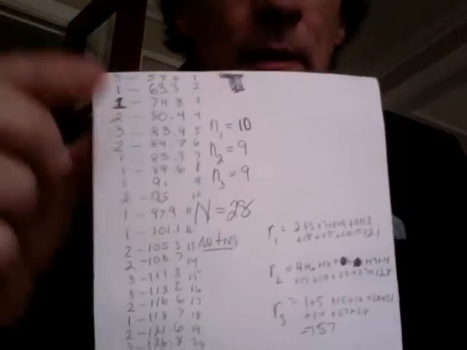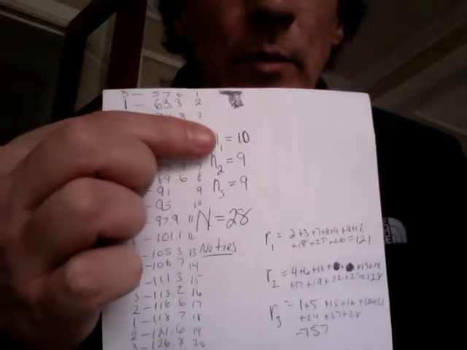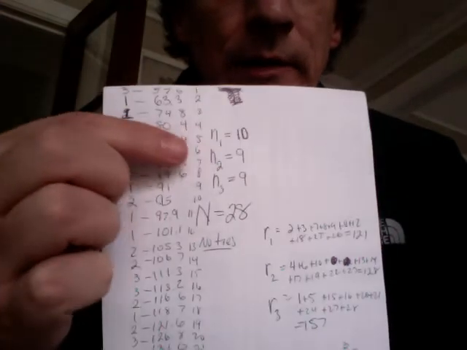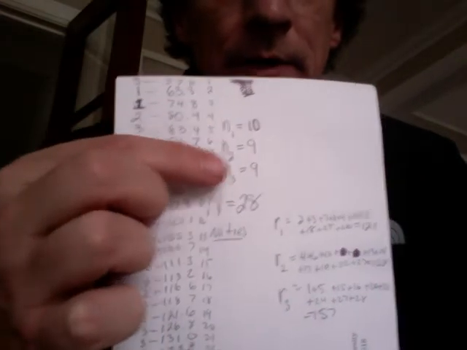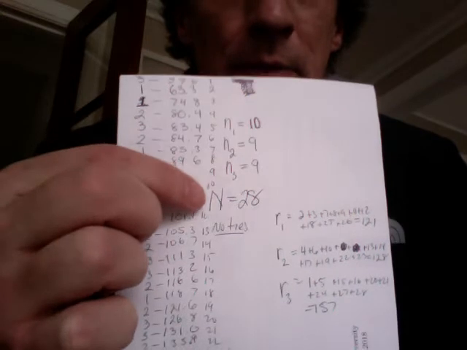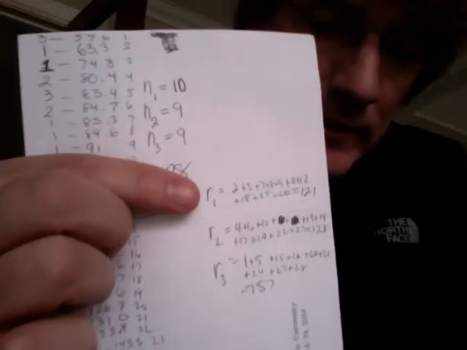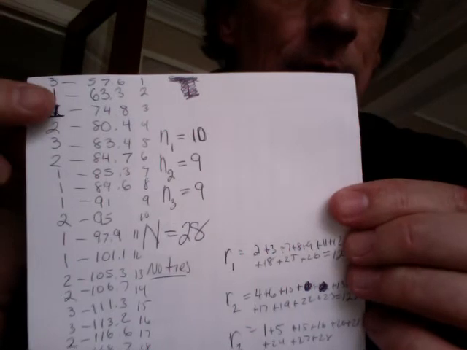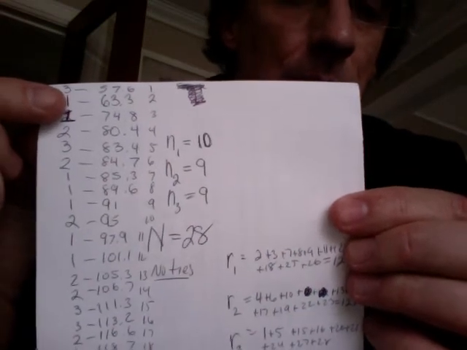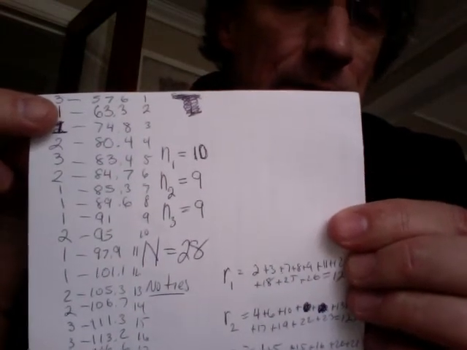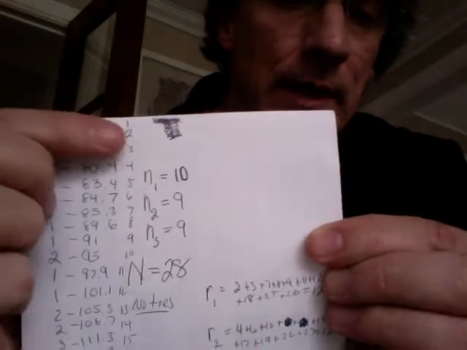So, what happened is N1 had 10 items, N2 had 9 items, and N3 had 9 items. So my big N was 28. The way you get your rank sum: this is the rank sum of the first category. If I go back to my data, the first point that was in category 1 had a rank of 2.